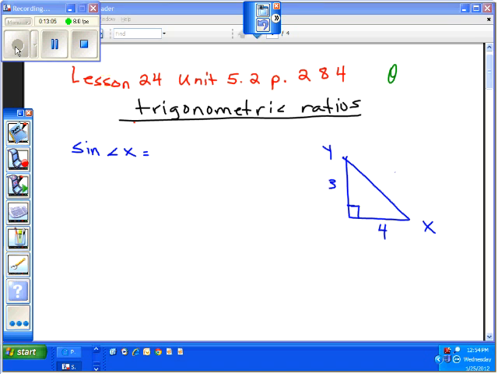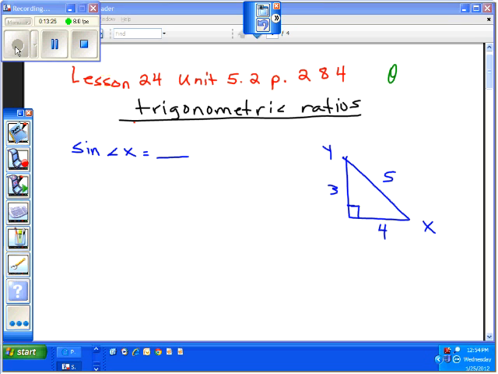Do you remember the Pythagorean triplets, 3, 4, and 5? So what would you say that the sine of X is, as a ratio with those numbers?